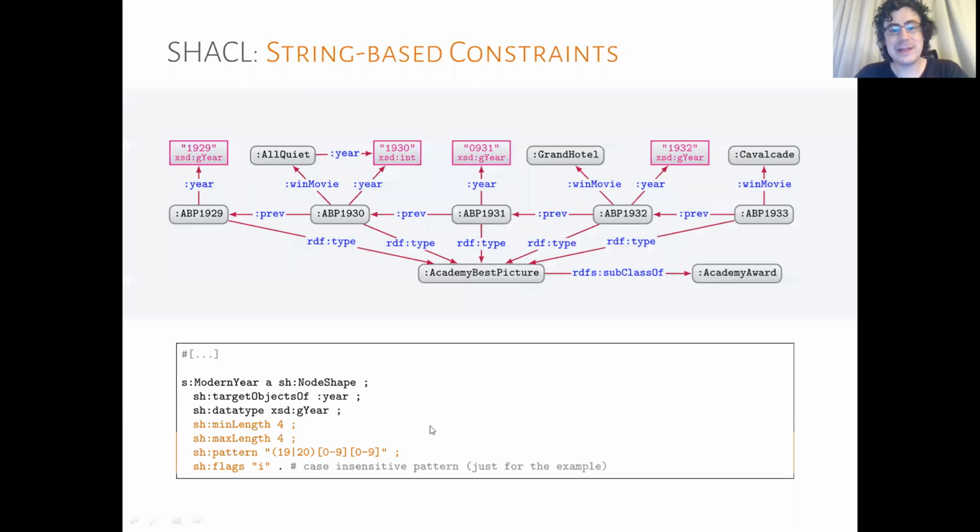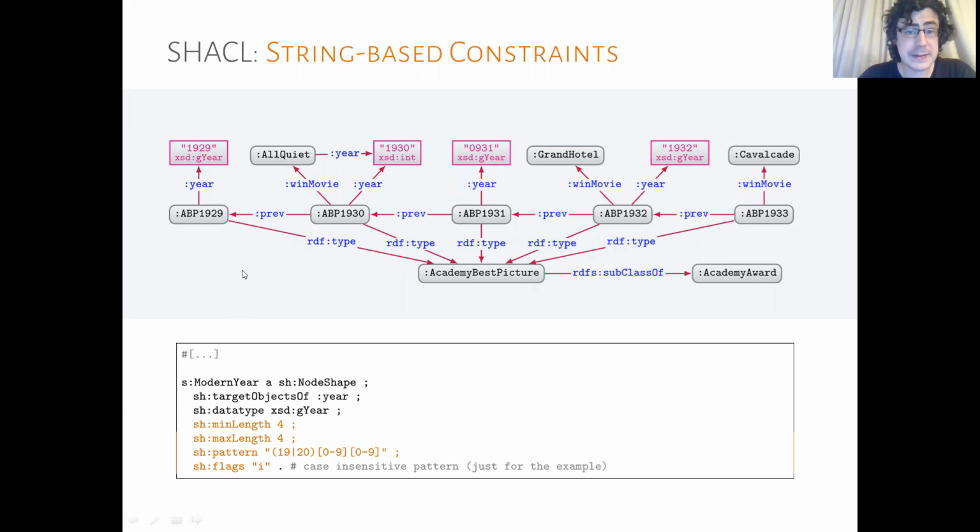Okay, so let's take some data. We're going to check each of these to see if we're fine. This time, since we're targeting the objects of year, and this is a node shape, what we're actually targeting are the years themselves. We're targeting the nodes that represent the years themselves. So target objects of year, so we see that we're actually targeting these objects here.